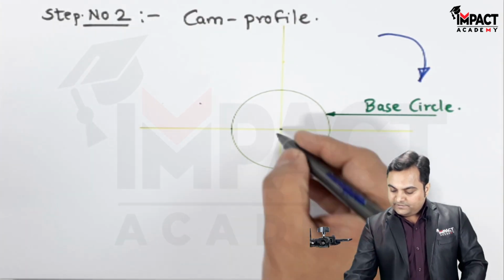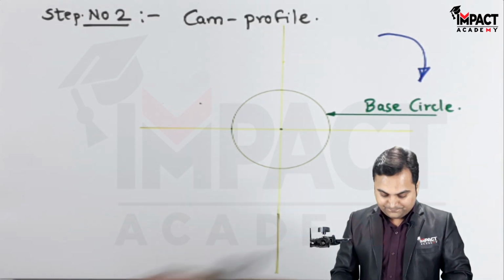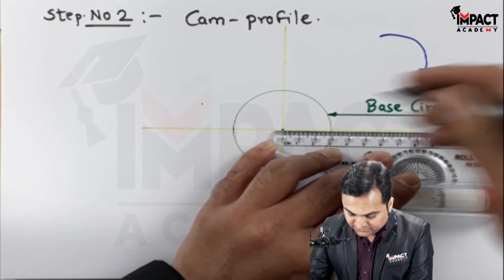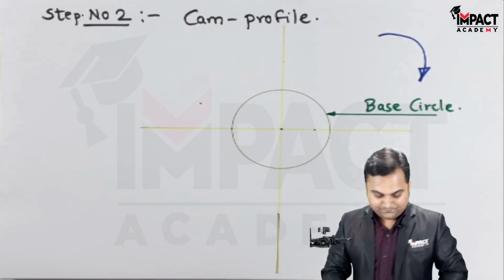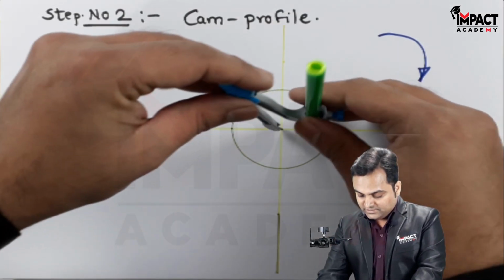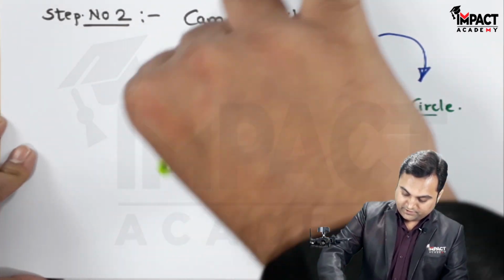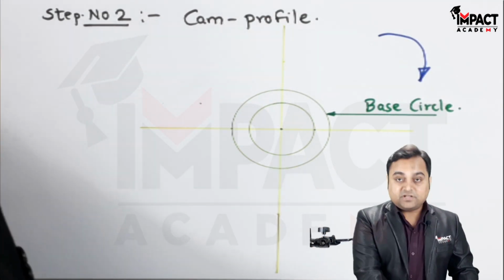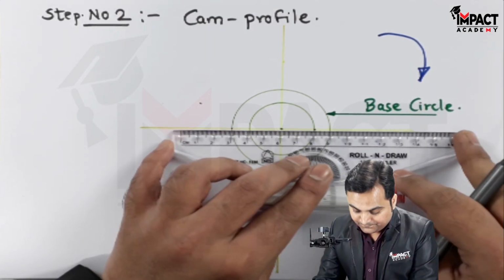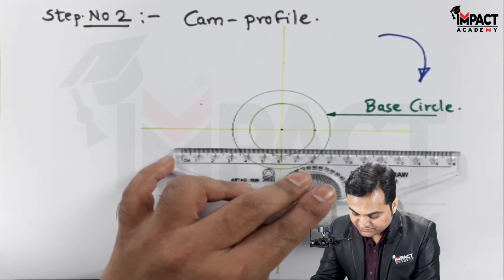And now I'll be taking this offset to the right by 20 mm. So from this center, taking the radius as 20 mm, drawing a light circle. Now this circle is called the offset circle, by taking the offset radius or the offset distance.